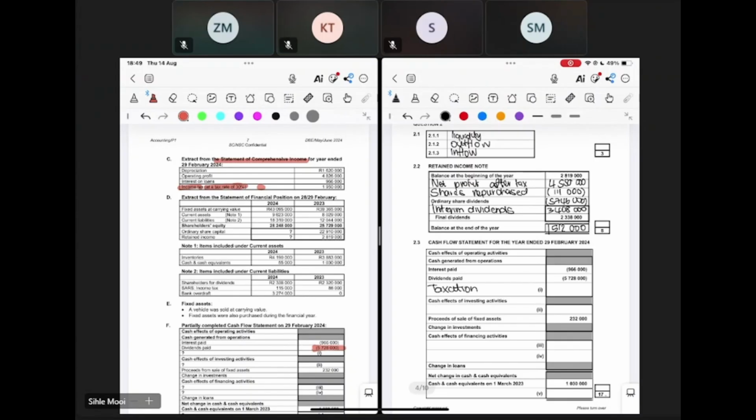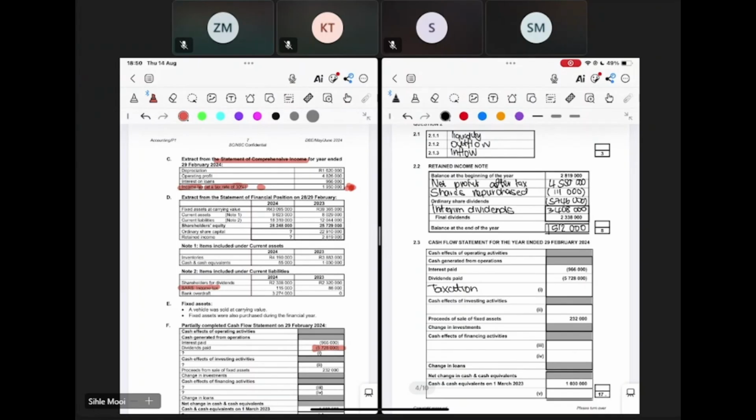Okay, now let's see what information we've been given on taxation. They did give us the income tax expense as 1,950,000. And if we go to the items included under current liabilities, we have the SARS income tax in 2023 and 2024. If it's included under our current liabilities, that means we owed SARS, right?